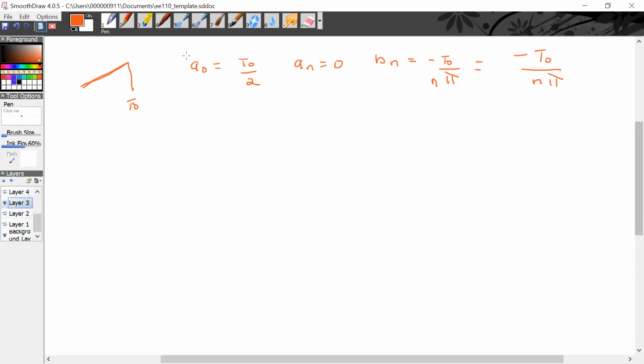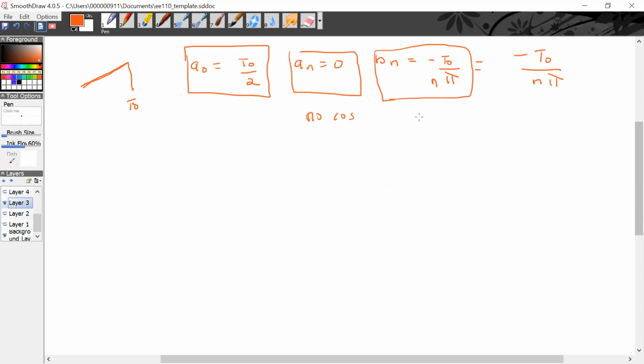So it has a DC component, it has no cosine components, and it has a sine component.